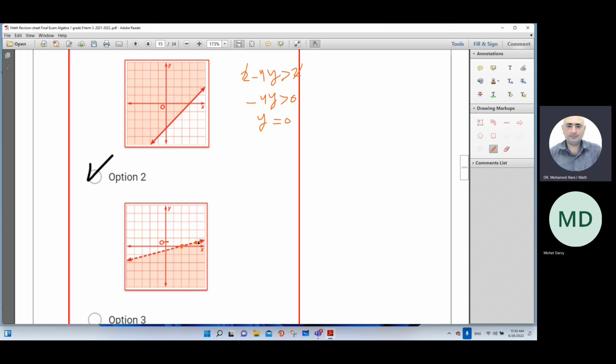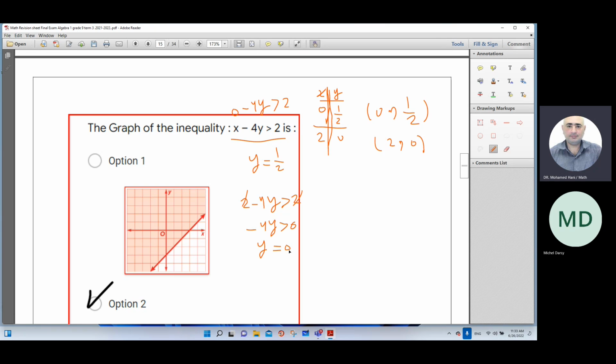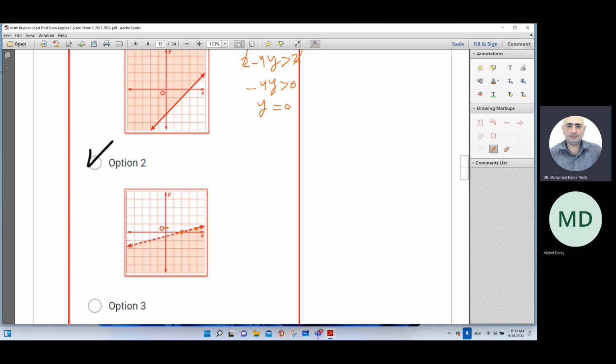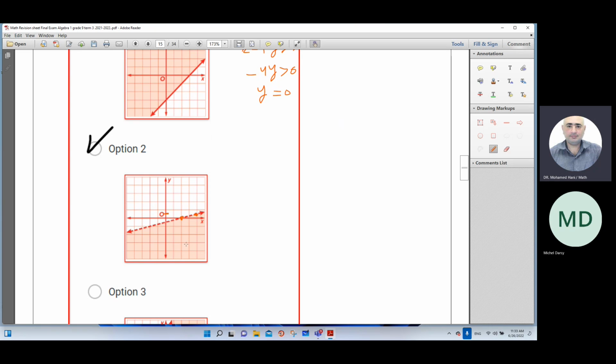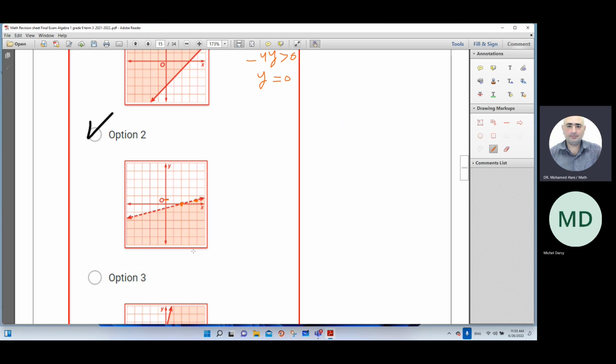We draw a dashed line here because we don't have equal in the sign. If we have equal, we draw a solid line. If we don't have equal, we draw a dashed line. Then how to know the area of the solution? We can do a test. Take a point from above or from below the line. We have 0, 0 above.